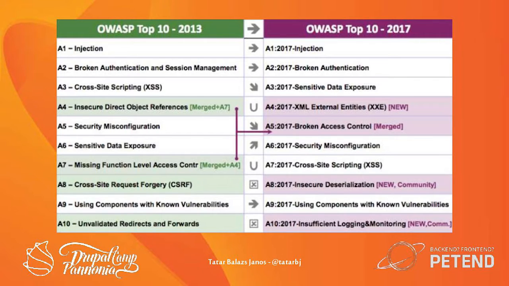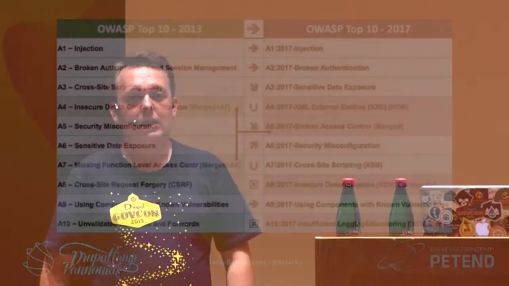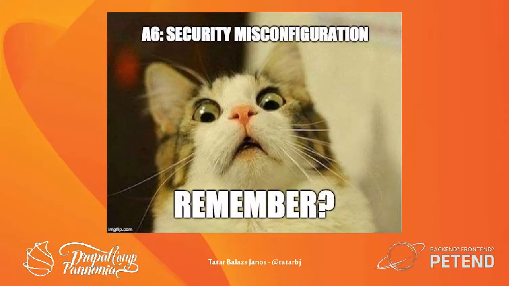So what we can learn out of this slide is basically we just cannot sleep. There will be newer and newer vulnerabilities, newer and newer exploits, and we just have to keep awakened and fight against bad code. That's what we are going to do. And by the way, do you remember the security misconfiguration that we were talking about?